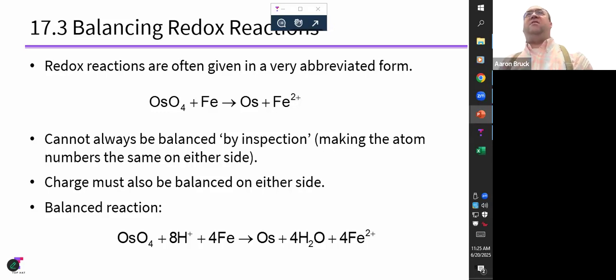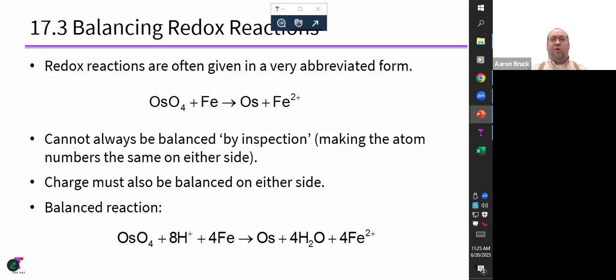The inspection technique was the technique that we used pretty much throughout Chem 105. Once you got past the need to draw a line down the middle and count up all the atoms on each side, you started to balance by inspection. Okay, I need 3 aluminum, so I'll put a 3 over here. And I need 2 sulfates, so I'll put a 2 over here. That method rarely works with redox reactions.